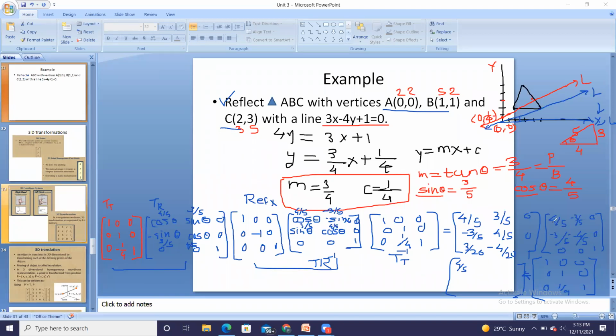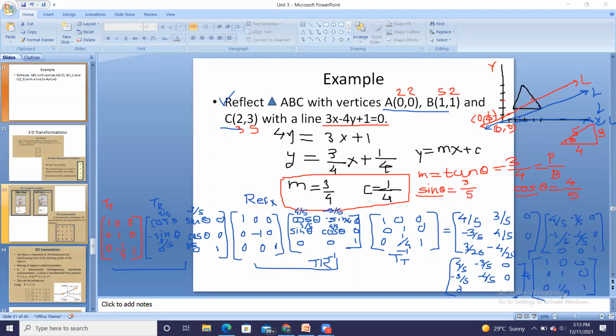The remaining 0 0. Then first row second column, it is minus 3 by 5 only. Then first row third column, it is 0. Then second row first column, it is minus 3 by 5. The second row second column is minus 4 by 5 and 0. And third row first column is 0.